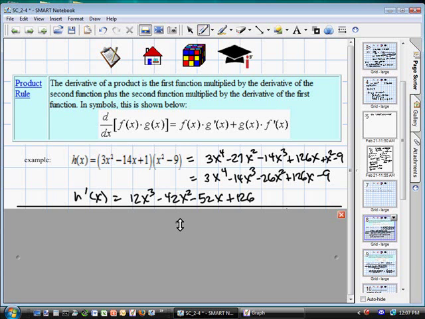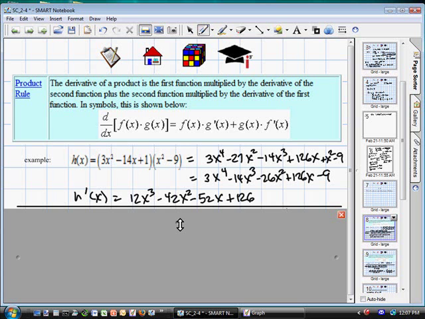Now, honestly, don't multiply it out right now, okay? Just take my word for it, because the whole point of this is I want to show you how it works. So let's just say my answer there is right. 3x to the fourth minus 14x cubed minus 26x squared plus 126x minus 9.